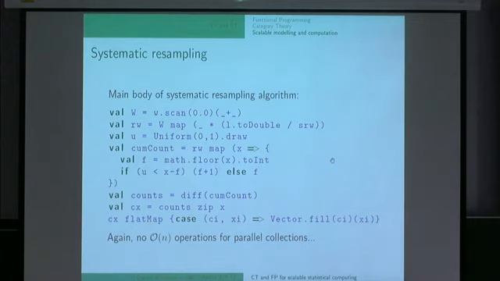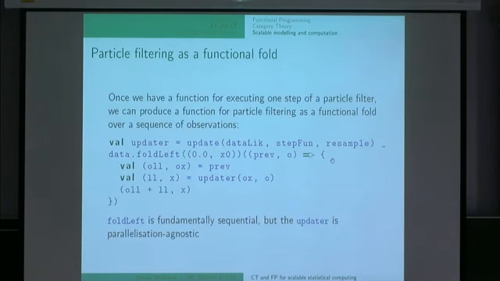Again, you need the cumulative weights, but the cumulative weights is a scan, and if you've got a parallel collection, a scan can be computed in parallel using what's normally known as a parallel prefix scan. It's just an upsweep on a binary tree. So we can do that in parallel. None of these operations are order n operations. We can do resampling for our particle filter without any order n operations.